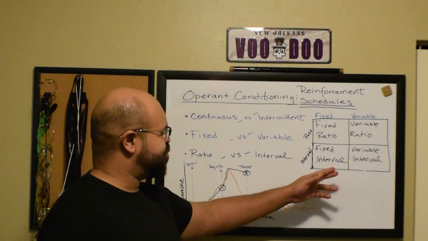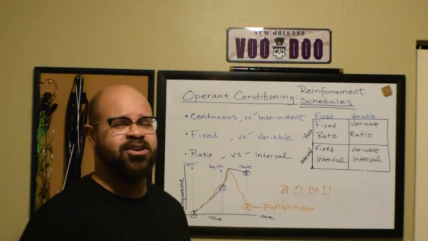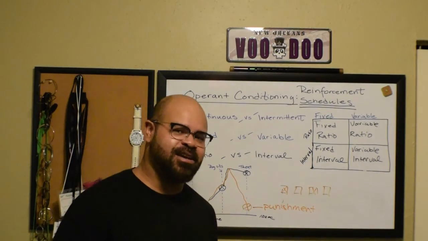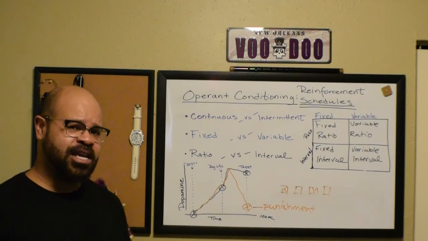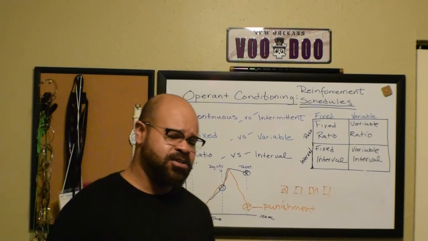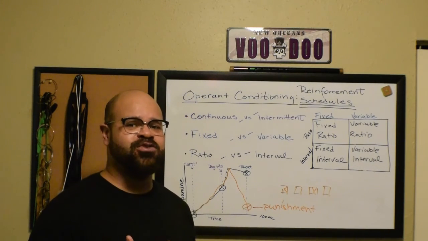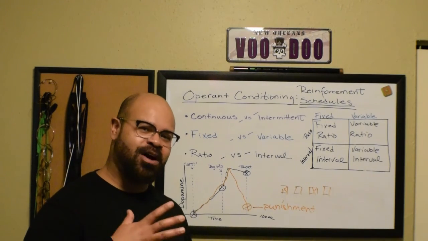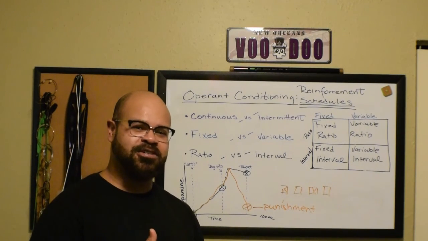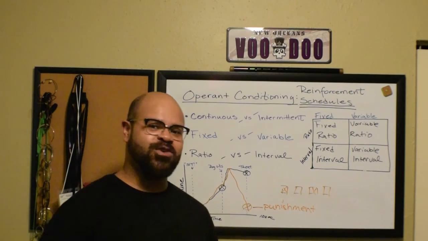Which one haven't I talked about? The fixed interval schedule. This one's going to be also somewhat good for maintenance of behavior, but also somewhat good for learning. It's kind of a nice blend. You're still not going to really be able to use this too effectively with any creature, any subject that isn't speaking, because you often need to set up, you often need to explain, hey, at the end of this time period, I'll give you a reward.